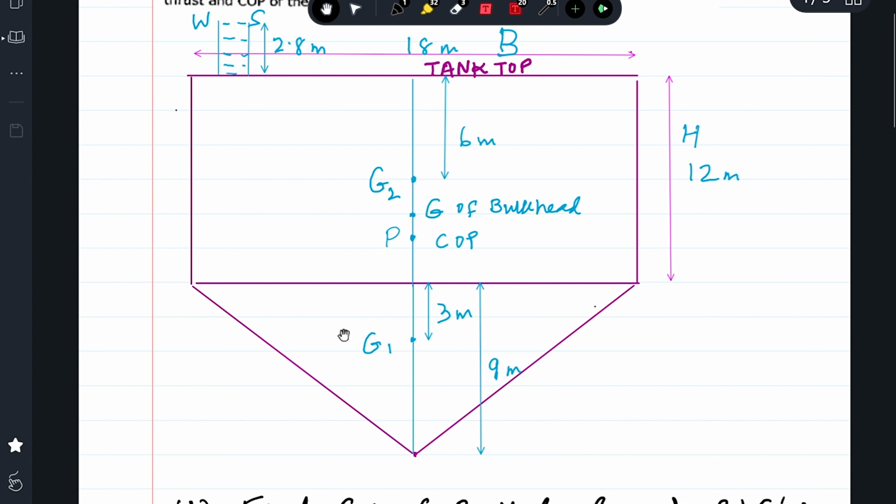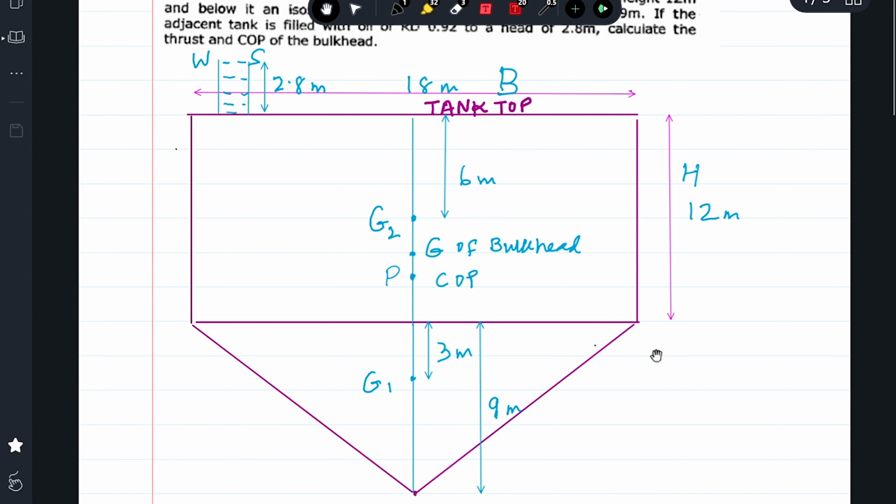Concerning the triangle, its centroid will be one third of the height of the triangle from the base. The height of the triangle is 9 meters, so one third of 9 is 3 meters from the base. But we will be taking moments about tank top. So the depth of the centroid of the triangle from tank top will be 3 plus 12, 15 meters, because moments will be taken from tank top.